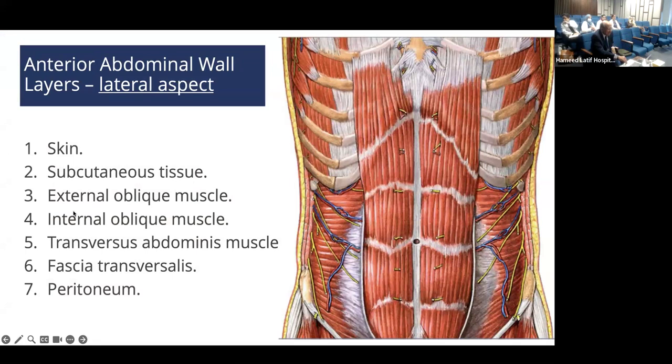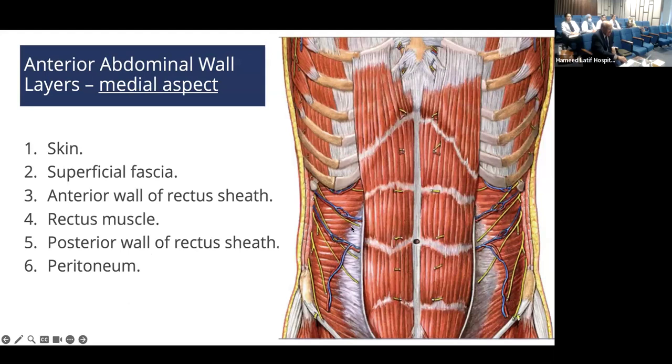So skin, subcutaneous tissue, external oblique, and below that internal oblique, then transversus, then fascia transversalis, and then peritoneum. And if we look at the medial aspect, there is skin, superficial fascia, the anterior wall of the rectus sheath, which has been taken away at this point, the rectus muscle, which is in the medial part only, and the posterior wall of the rectus sheath and peritoneum.